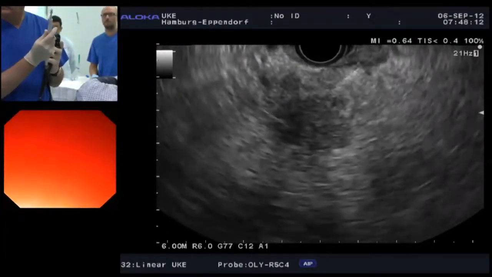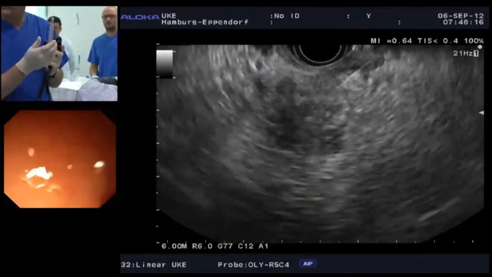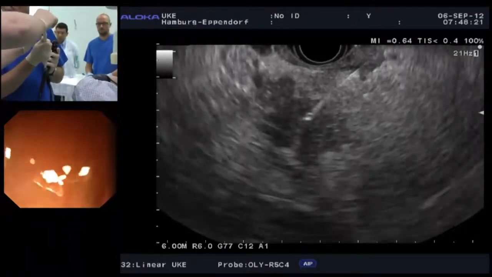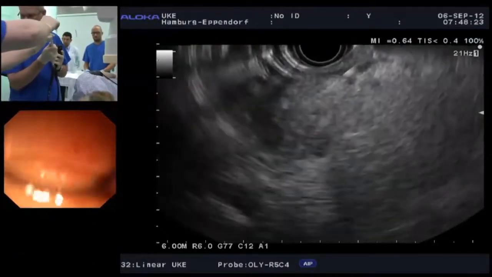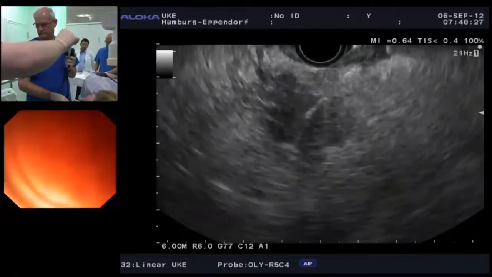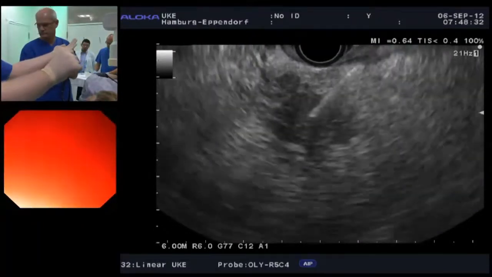So now we normally aim the needle directly at the darker spots, and you must not go into the very dark, because then maybe you go into cystic lesions that are sometimes within this type, when these are mucinous adenocarcinomas. But you have to go into the hypoechogenic part. This would be better for sampling.